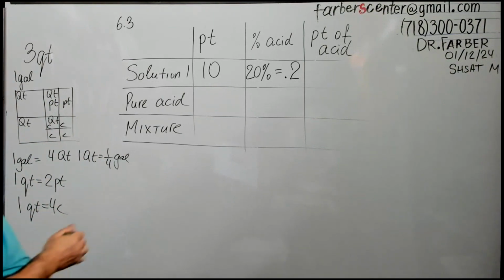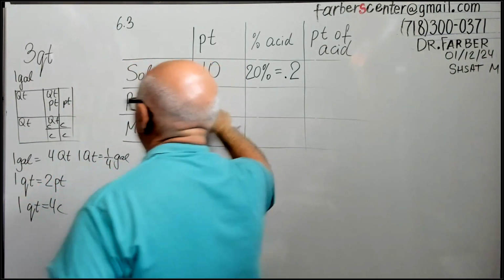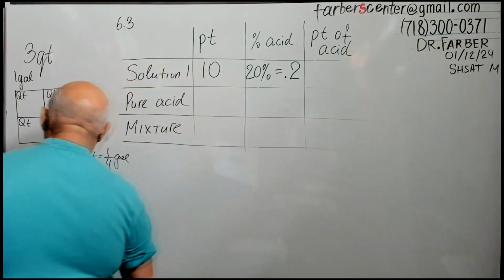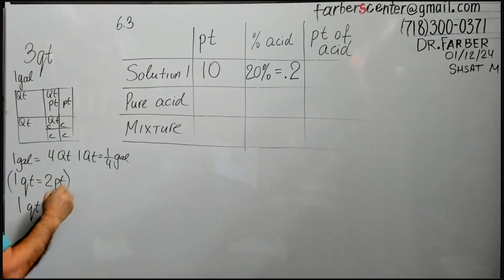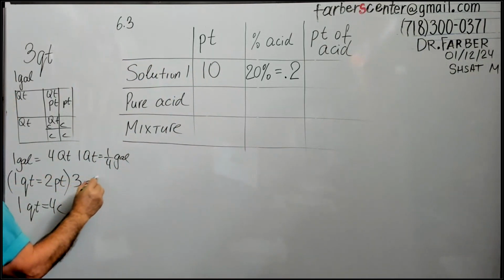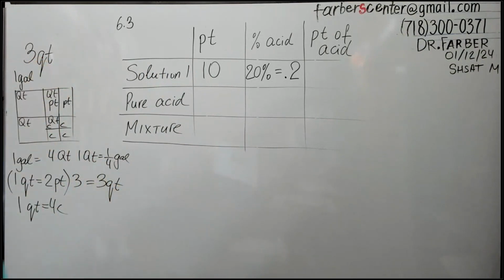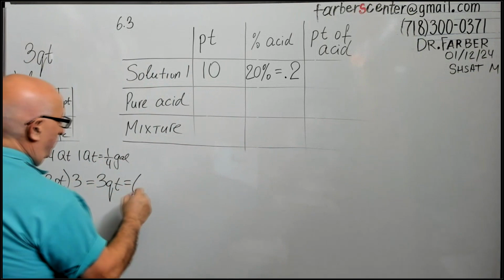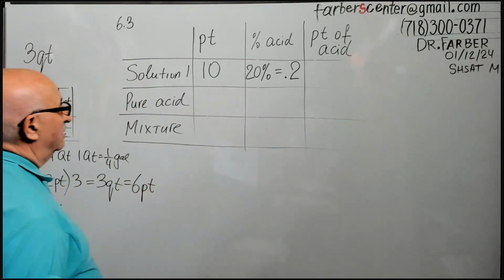What is my goal? To get this in pints. So since 1 quart is 2 pints, if I multiply everything by 3, I get 3 quarts. Why 3? Because this is given here. Equals 6 pints.